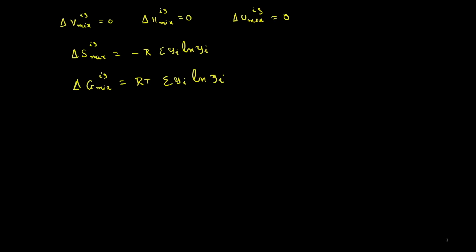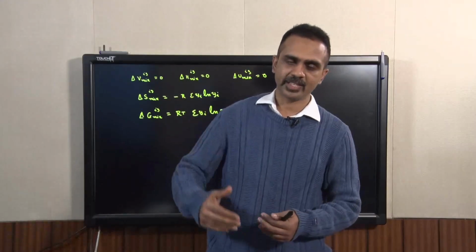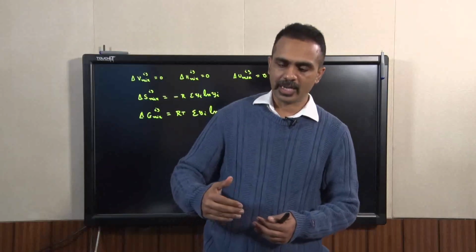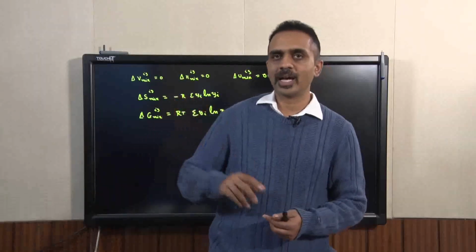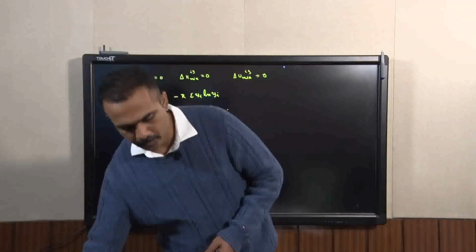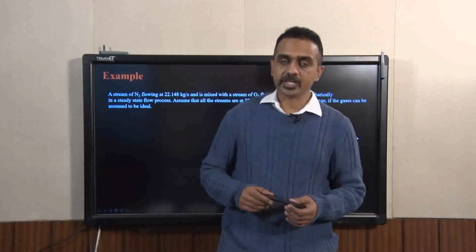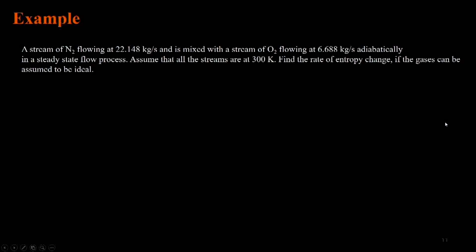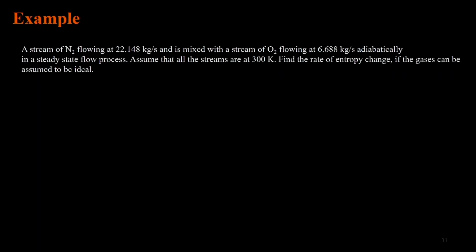Now that we talked about ideal gas mixtures, let's quickly run through two examples on using the equations we have just derived before we move on and extend this discussion on ideal gas mixtures to what are known as ideal solutions. The first example says we have a stream of nitrogen flowing at a certain flow rate and oxygen flowing as well.